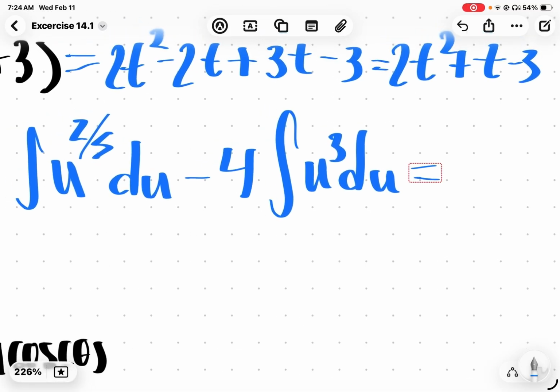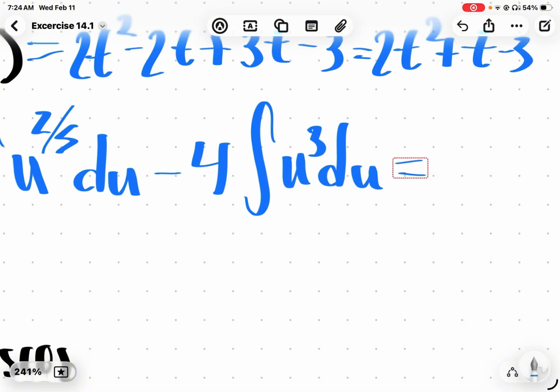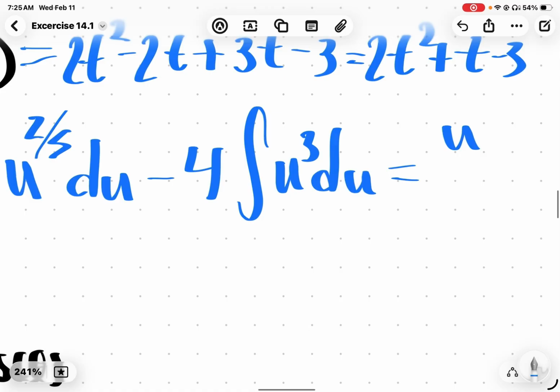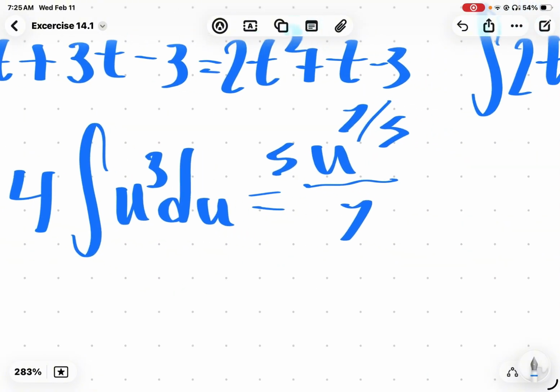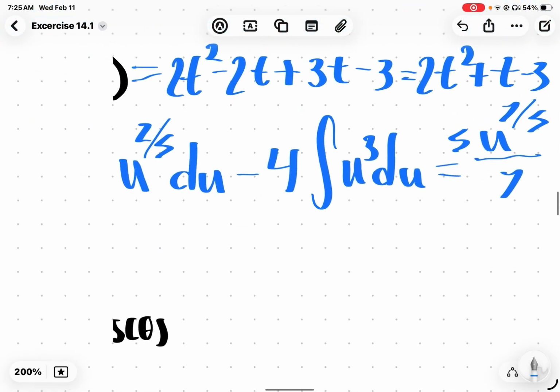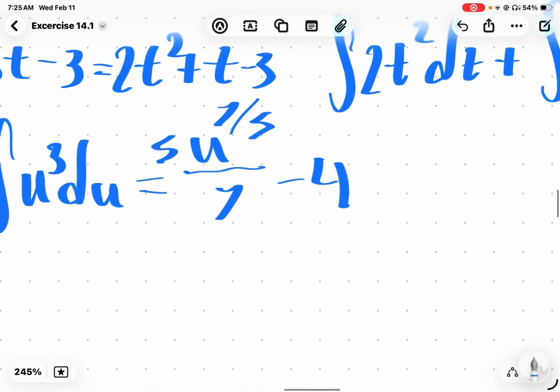So then we have u, we add 1, so I have 7/5 over 7/5, so we take the reciprocal of that, and then minus 4 times u to the power of 3 plus 1 is 4 over 4 plus c.